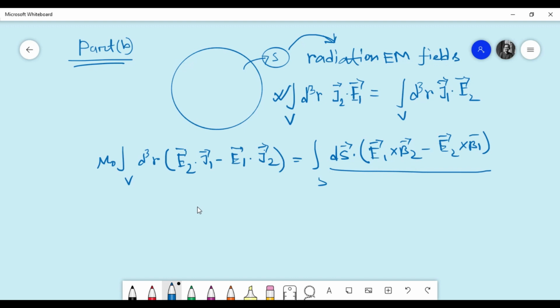Now, the problem states that the current densities are inside this volume, right? And we are thinking about the radiation electromagnetic field's boundary surface. So for this case, the radiation electromagnetic fields have a simple representation, and that would be, say, both E1 and E2 are radiation electromagnetic fields, and they follow this simple relation, and same for the E2 and B2 pair.